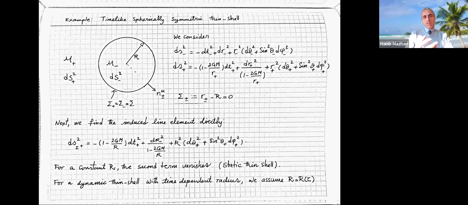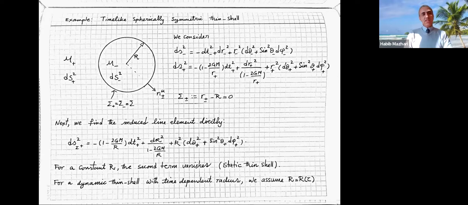The good thing about this model is that in Schwarzschild space-time, if it is a black hole, we have a singularity problem, at the origin or at the center of the object. But now in this way, we can cut that singularity out.